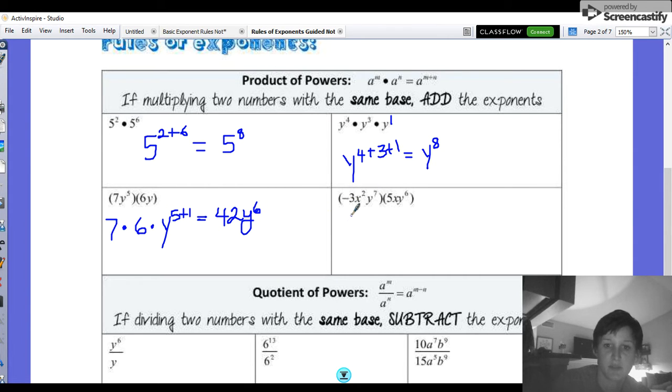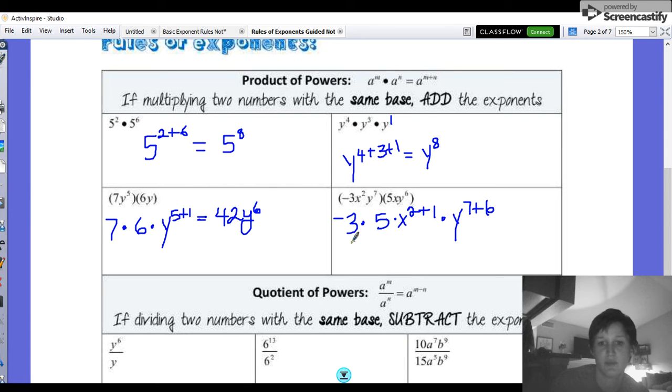All right, this one has a little bit more going on, but it's not too hard. -3 times 5. Then we have times x to the 2nd. And then we have an x to the 1st right here. So plus 1. And y times y to the 7th plus y to the 6th.